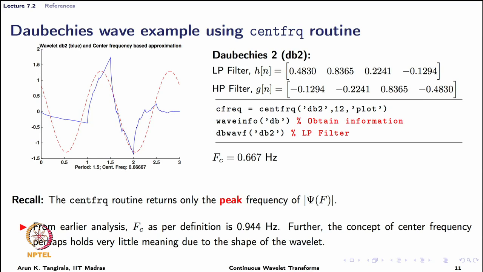But again recall from the earlier analysis, with the example that we showed on the wavelet transform of the sine wave of known frequency, the center frequency calculated according to the definition is a more appropriate conversion factor rather than peak frequency. So, you have to be careful when you use this routine.